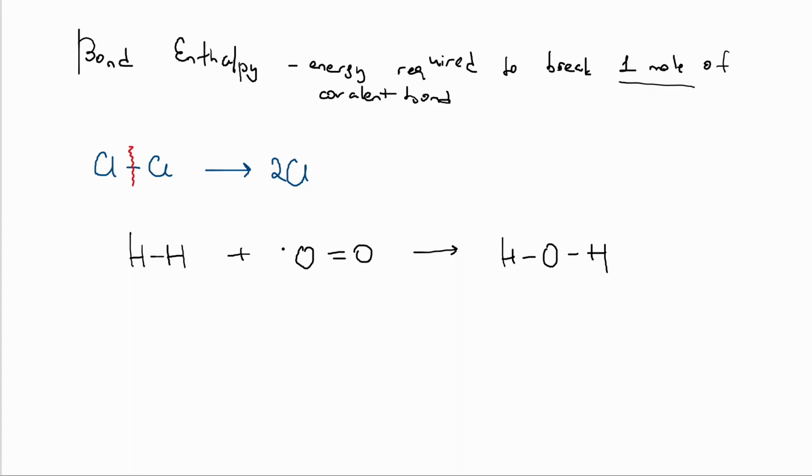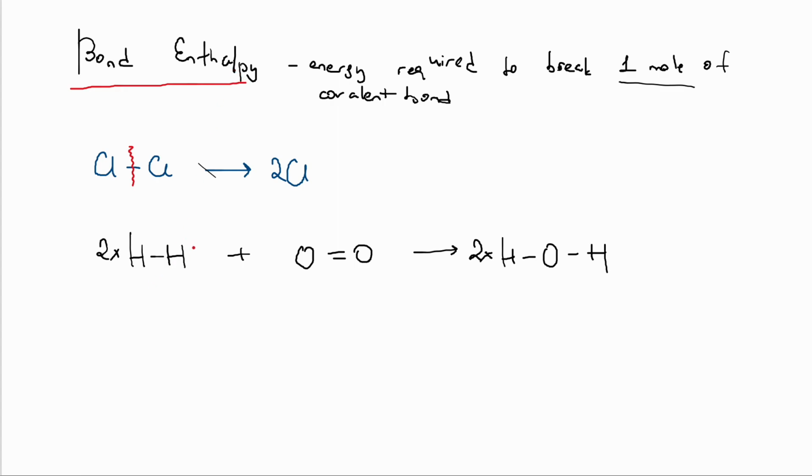For this typical reaction, let's put a 2 here and a 2 here. We don't know what kind of reaction this is, maybe formation, or maybe combustion of hydrogen? We don't know, but we are going to find the enthalpy change for this reaction using bond enthalpy.